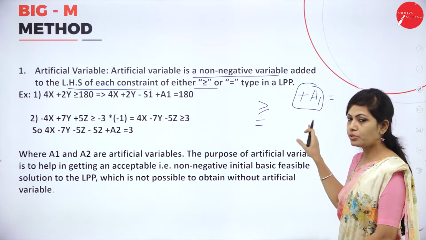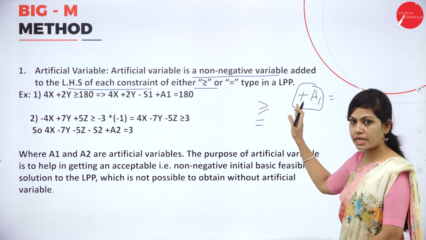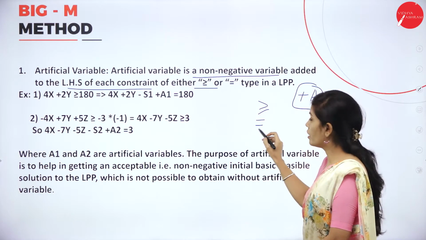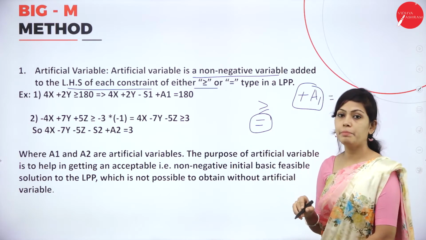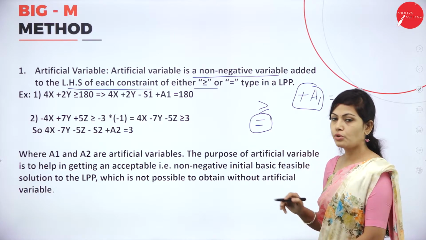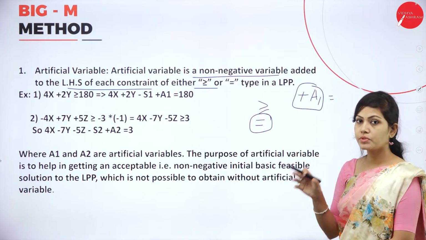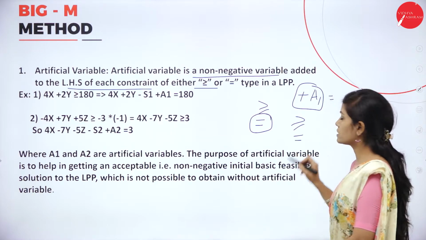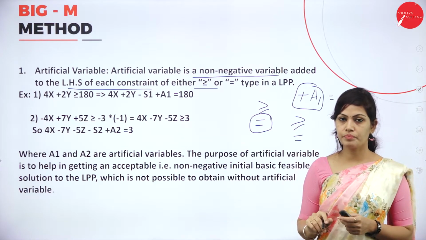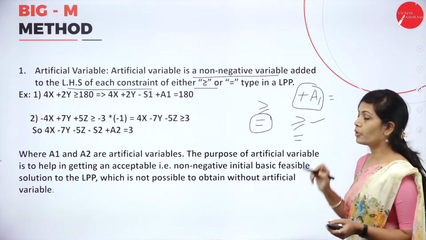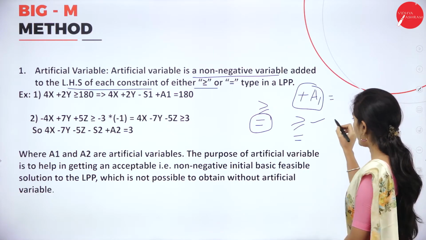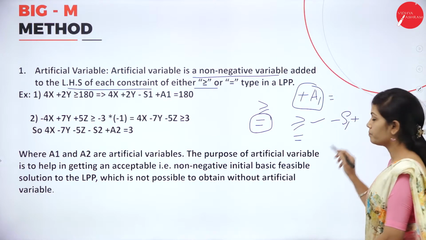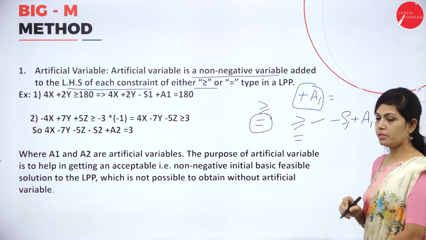It is added to the LHS of each constraint with either a greater than or equal to symbol or an equal to type in an LPP. So in the BCA method, you will get greater than or equal to or equal type constraints. If you get a greater than or equal to constraint, you have to subtract the surplus variable and add an artificial variable.